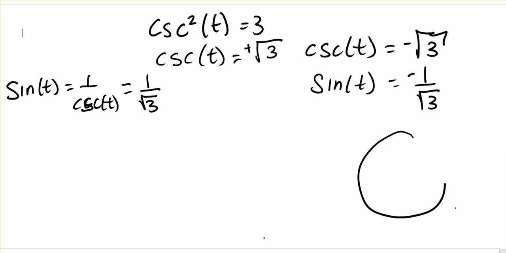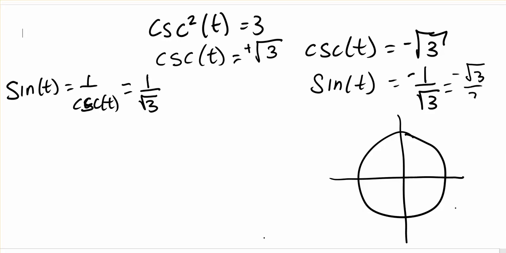And we draw our unit circle, and we mark this is also equal to a negative square root of 3 over 3 if you multiply the numerator and the denominator by the square root of 3. The square root of 3 is a little less than 2, so this is a negative right about here.